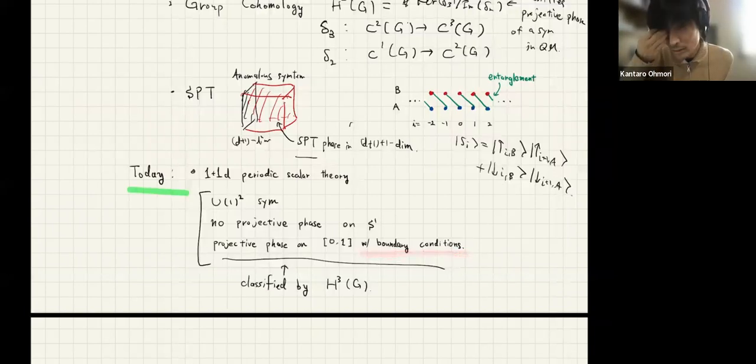You can pick a boundary condition for each boundary of the interval, and if you carefully think about the action of the symmetry on the Hilbert spaces on the intervals, then there's a projective phase, generally classified by H3. That's today's story that I want to deliver. Any questions?